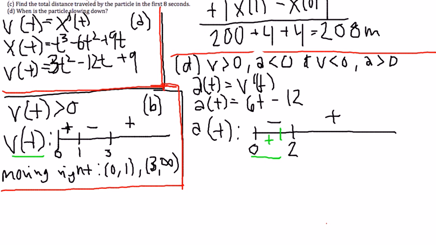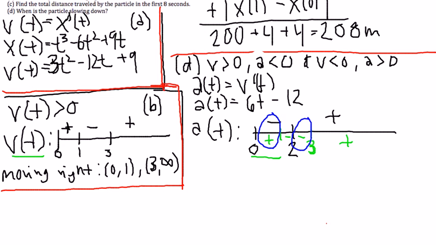But also from 1 to 3, velocity is negative, but acceleration from 2 to 3 seconds is positive. But from 3 on, velocity is also positive, so we know that it's speeding up there. So we have to look at the difference. So we see a difference from 0 to 1 seconds and from 2 to 3 seconds.